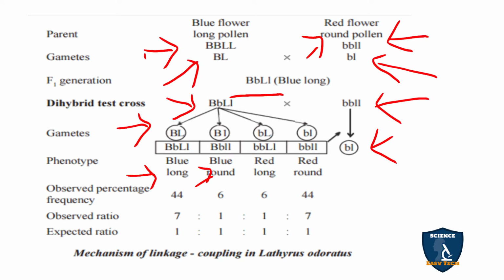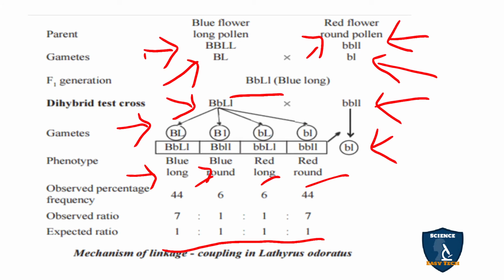The third is small b small b, capital L small l, red long. The last is small b small b, small l small l, red round. The expected ratio is 1:1:1:1.